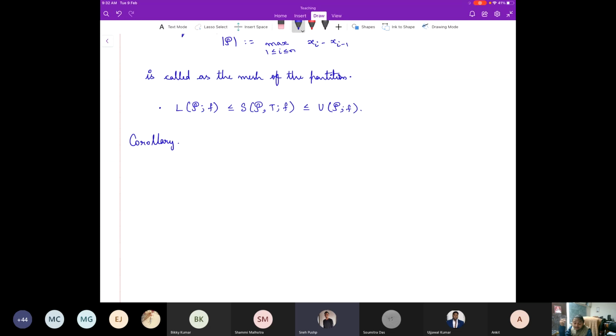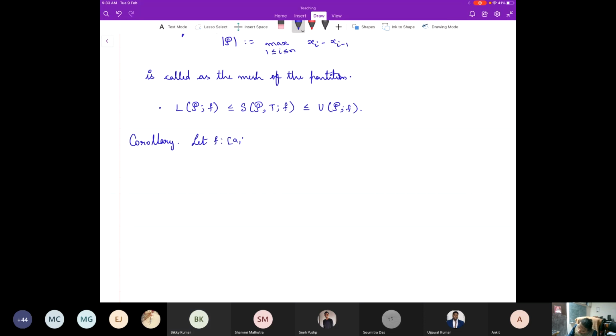When the function is Riemann integrable, it is the integral a to b f. And the upper sums also go to integral a to b f. And therefore the in between one should also, by a squeeze principle.